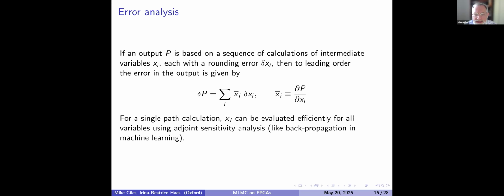So I'm calling that x bar I. This is actually the notation that people use in the area of algorithmic automatic differentiation.